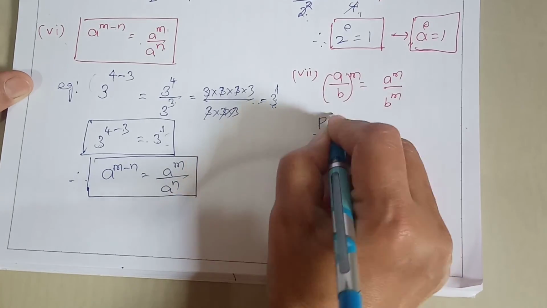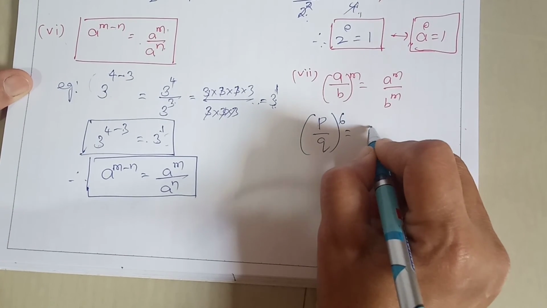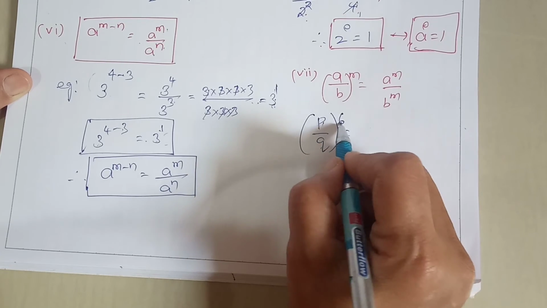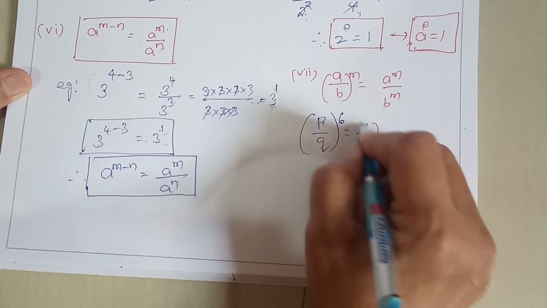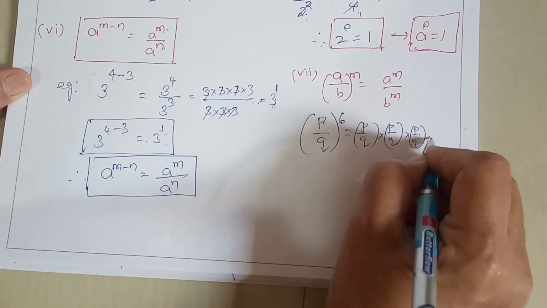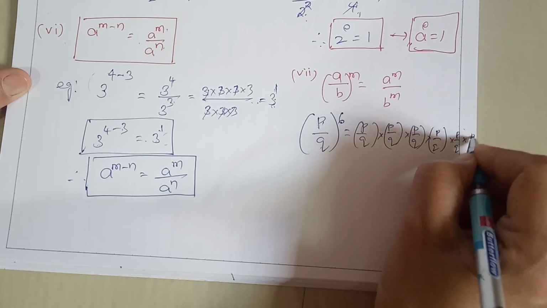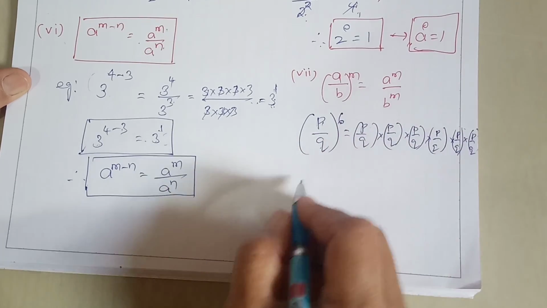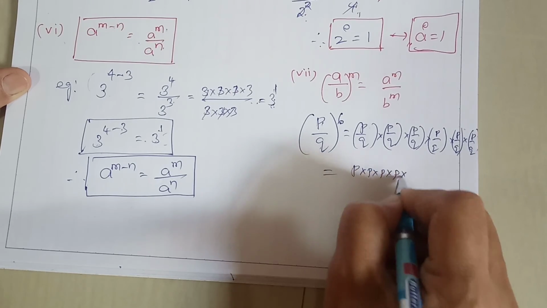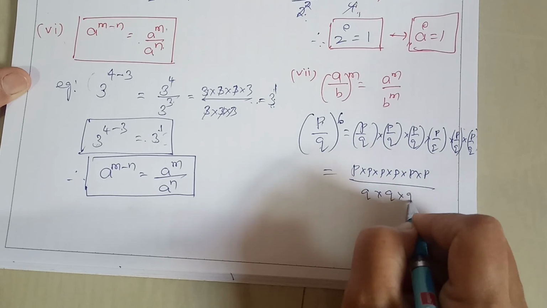p by q whole to the power of 6 means p by q is written 6 times: p by q, p by q, p by q, p by q, p by q, p by q. Now in the numerator we write p 6 times, and in the denominator q 6 times.